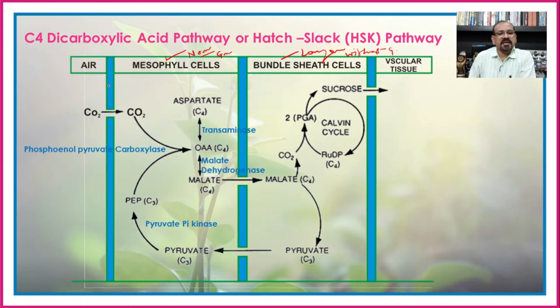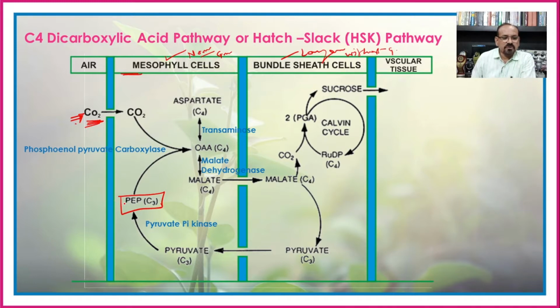So now in the mesophyll cells, first of all, the carbon dioxide is absorbed from the environment, the surrounding or the air. And this carbon dioxide is fixed by phosphoenol pyruvic acid or phosphoenol pyruvate, one and the same thing.